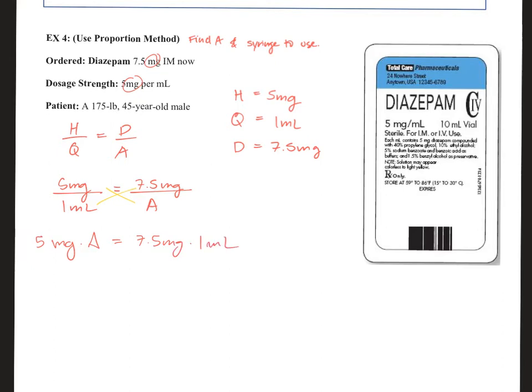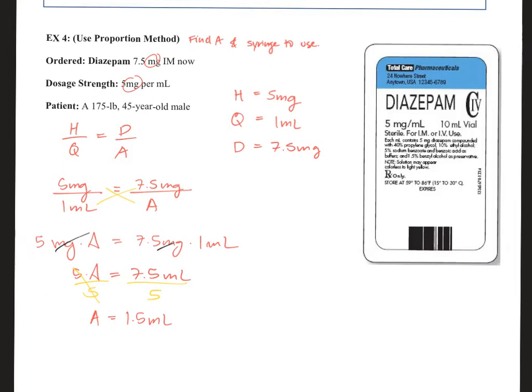We can go ahead and cancel the milligram units. And what are we left with? Well, we're left with 5 times A equals 7.5 milliliters. We can go ahead and divide out by 5 to get the amount to administer by itself. And we are left with A equals 1.5 milliliters.